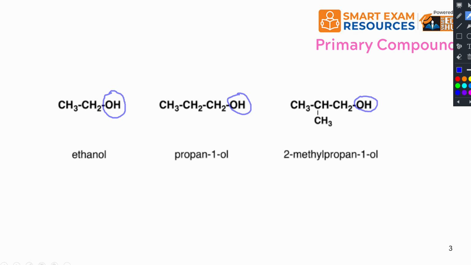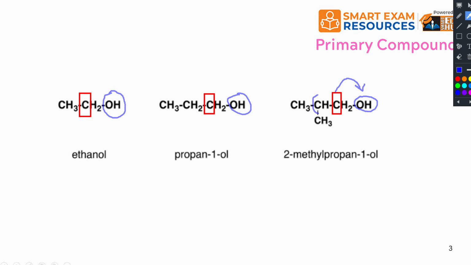Now, as per the rule that we have studied, we need to look at the carbon atom bonded to the functional group. So this is the carbon atom bonded to the functional group here. Again, as per the rule, this carbon atom, which is bonded to the functional group, should only be bonded to one other carbon atom.